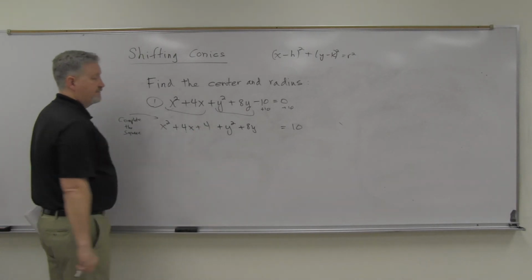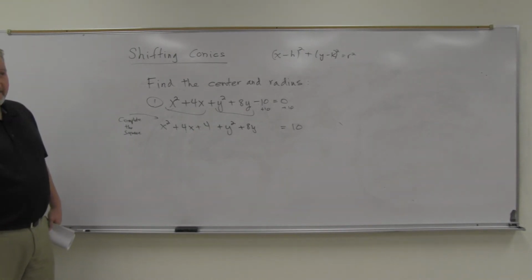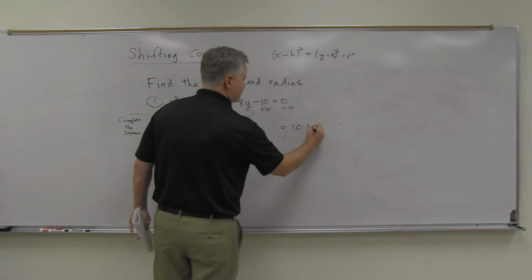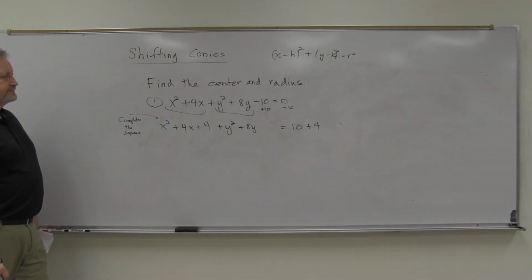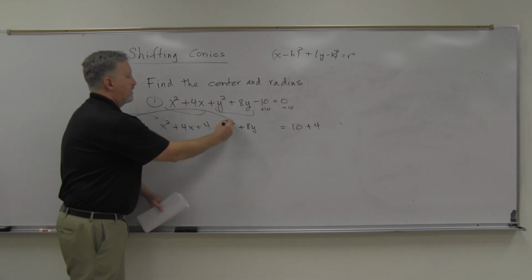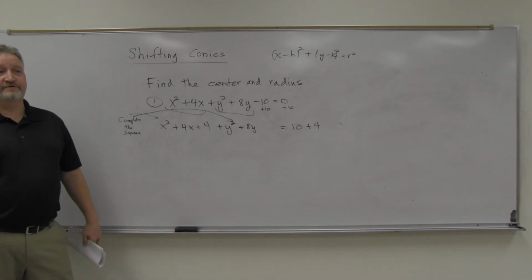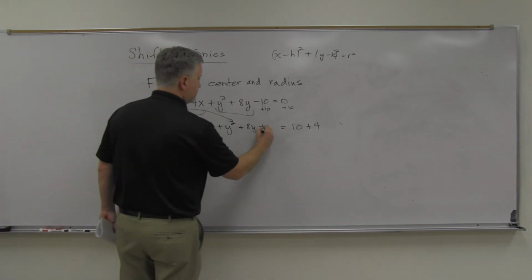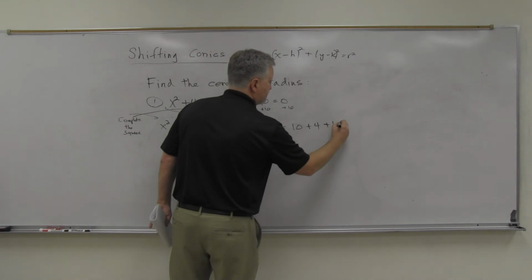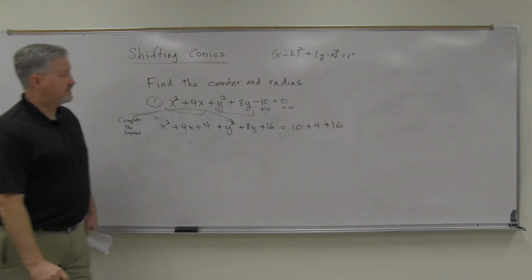So I'm going to add 4, but to make this legal, I have to add 4 to the other side. And then do the same thing on the y's. Half the middle term of the y's, 4 squared would be 16. So I'm going to add 16 to both sides as well.